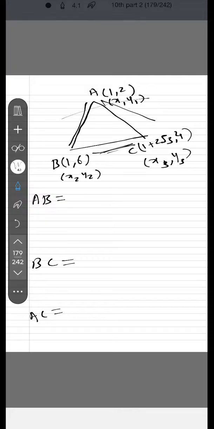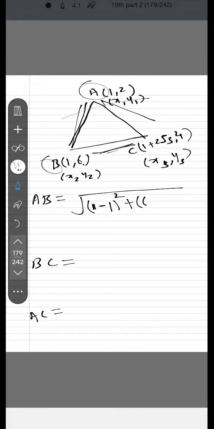So let's talk about that. The square root of, for points A and B, what will be the x2 here? 1, minus x1, which is also 1 here, bracket square, plus y2 minus y1, so 6 minus 2 square, which is equal to the square root of 1 minus 1, which is 0 square, plus 6 minus 2, which is 4 square.